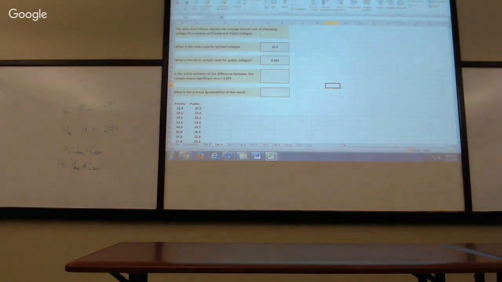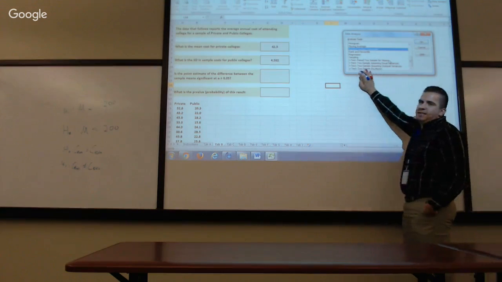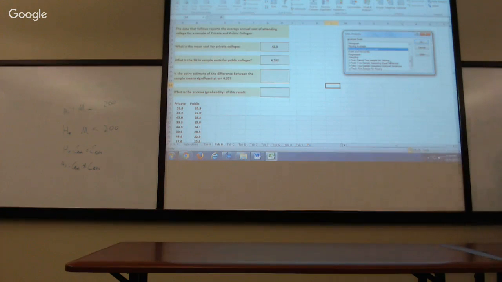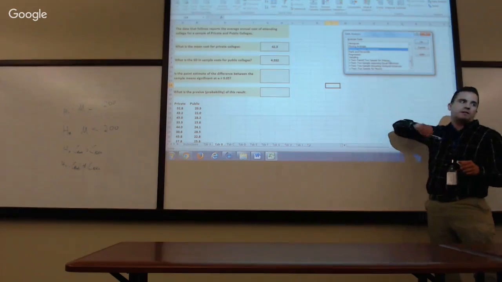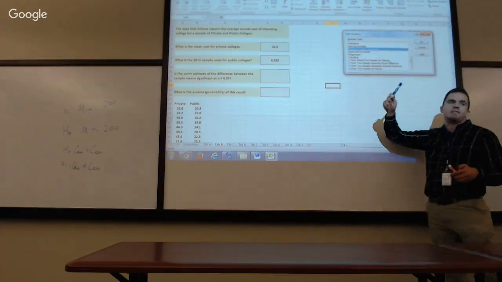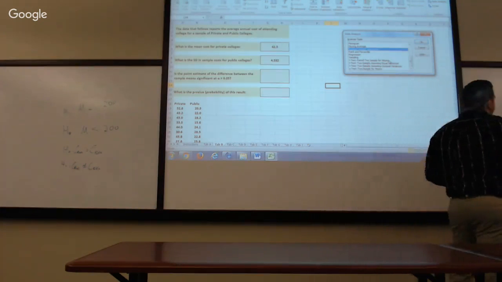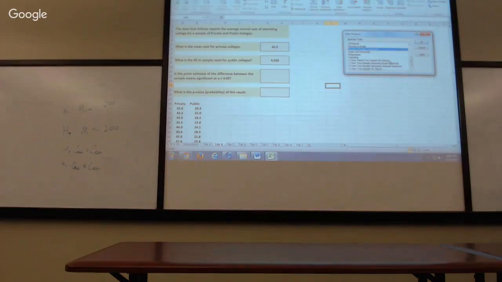So we can go to data analysis. If we're not given a population standard deviation, which we aren't here, are we using a z-test or a t-test? t-test. So t-test, we're going to assume unequal variances. For this class, we're always going to assume unequal variances unless we have a paired test, which we'll run into later. And this is clearly not a paired test. There's more public schools than there are private schools. So we're going to do a t-test for 2 samples, assuming unequal variances.